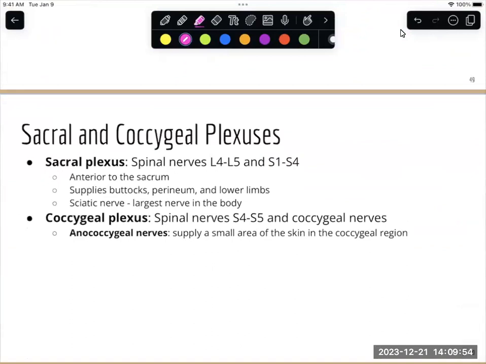Okay, our sacral plexus. The sacral plexus is from L4, L5, and S1 to S4. This one comes out the back. The back side.